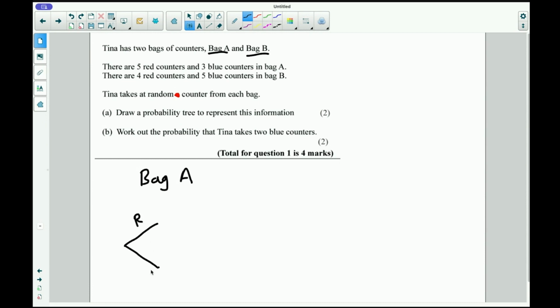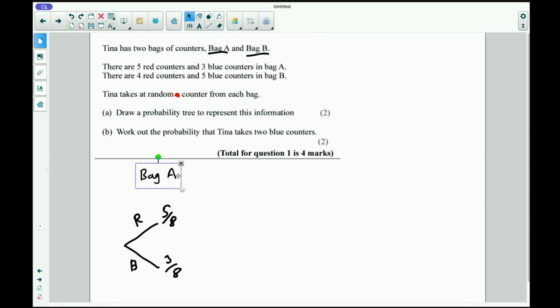If I get a red counter, our probability of getting red in bag A is going to be 5 out of 8 total. So we get 5 over 8 as our first probability there. And our second possible option is a blue counter, which we can see is going to be 3 out of 8 altogether. Moving on to bag B, and maybe I'll just make this a little bit smaller.